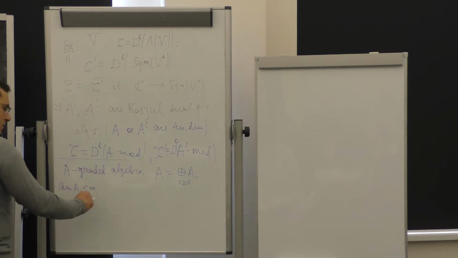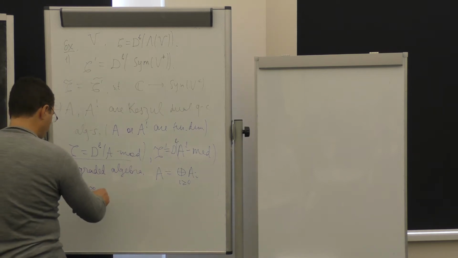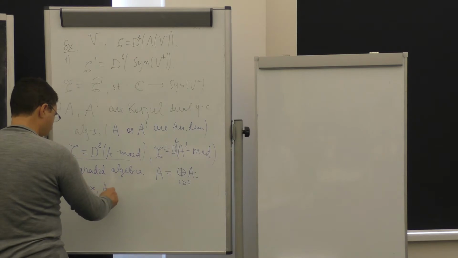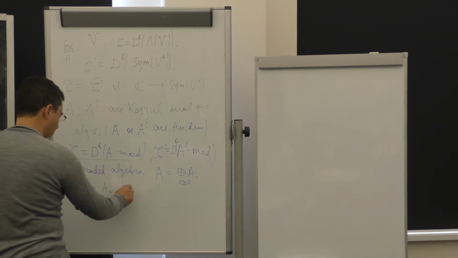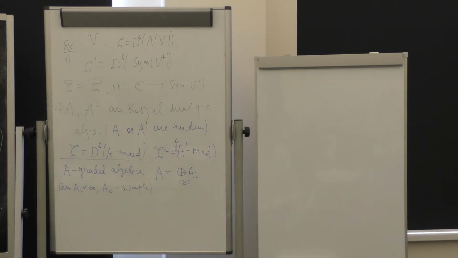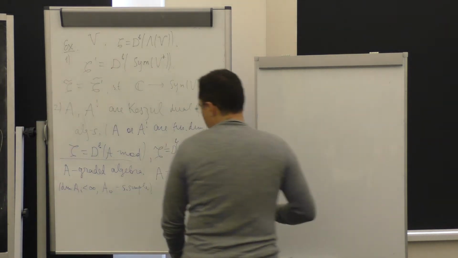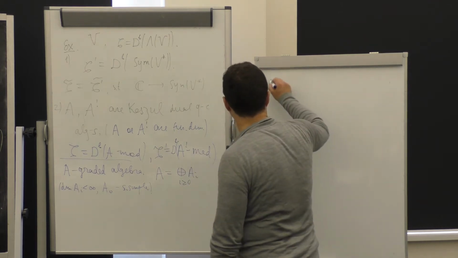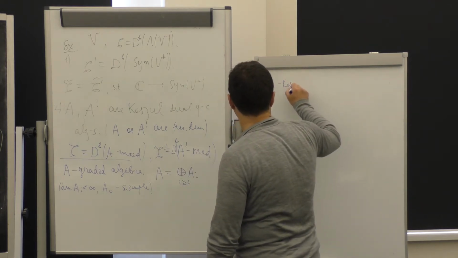And maybe we assume that A_0 is semi-simple. Maybe it follows from the rest.